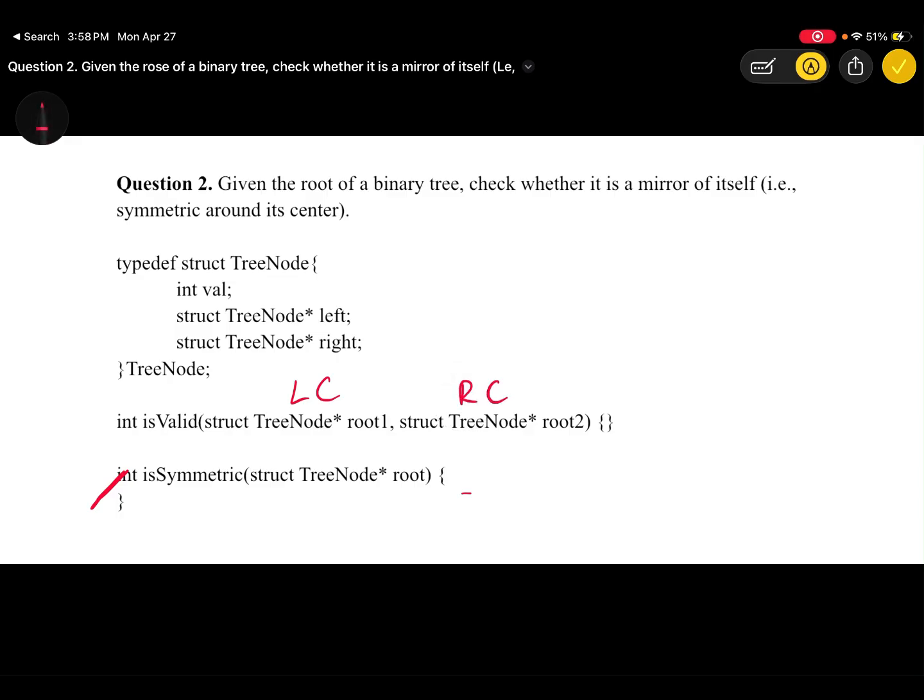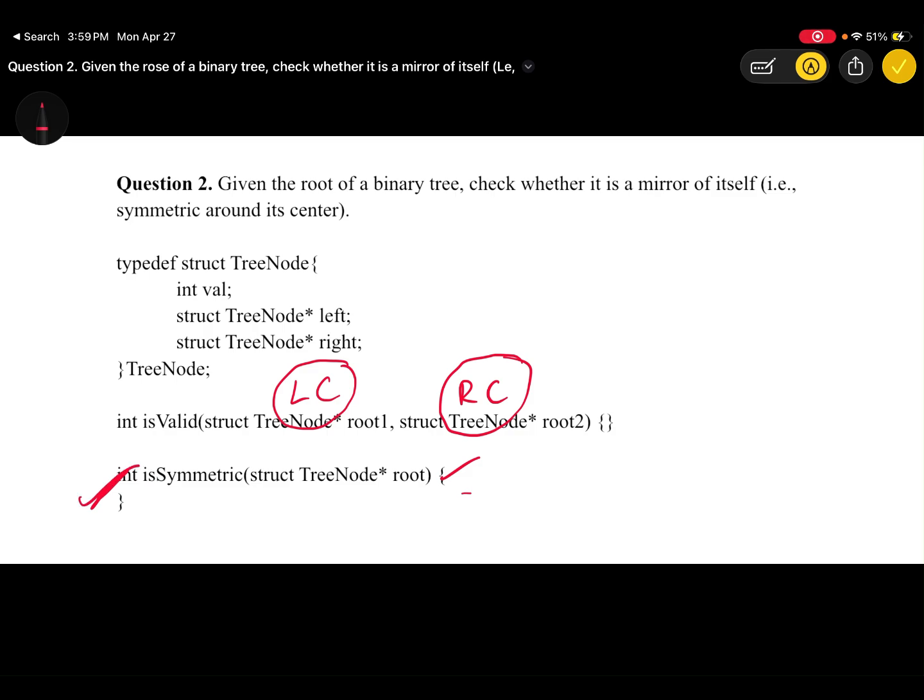That way I'm dividing my problem into two different trees. The root stays the same as we covered, but we need the root of the left child and the root of the right child, so we can check if the left subtree is symmetric to the right subtree. So this is what I'm doing.